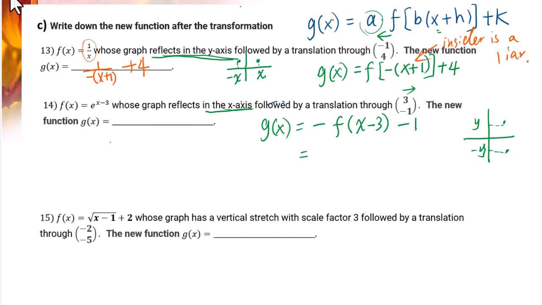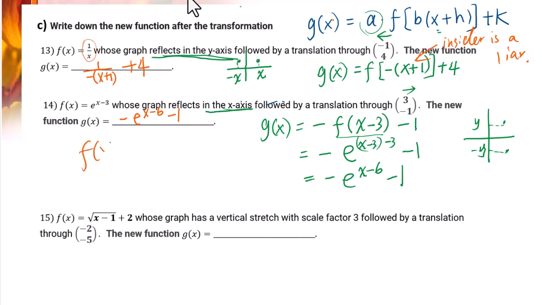Since f of x equals e to the x minus 3's power, we plug this in. Negative e to the x minus 3, then minus 3, minus 1. Simplify: negative e to the x minus 6 power, then minus 1.